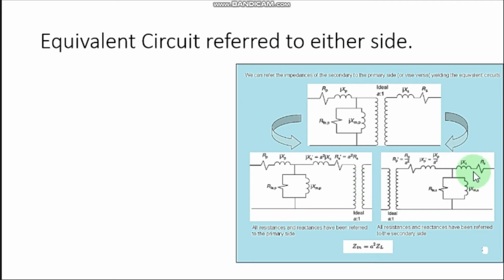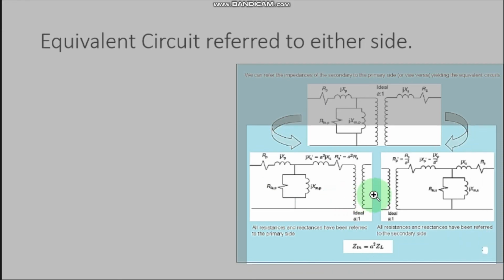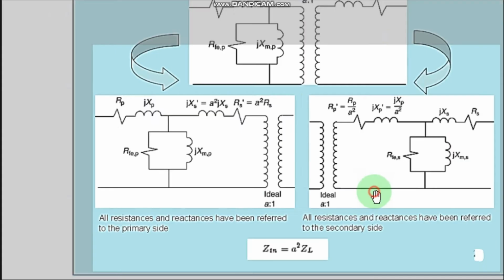So here this is equivalent to either this one, where you have transferred secondary impedances to the primary just by multiplying with A squared. I will enlarge it for clear visibility.